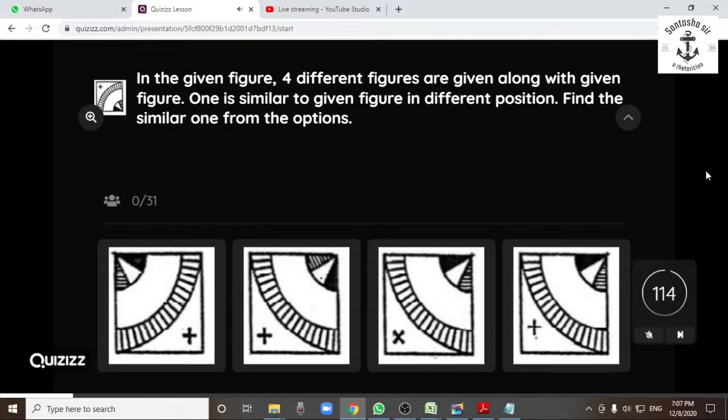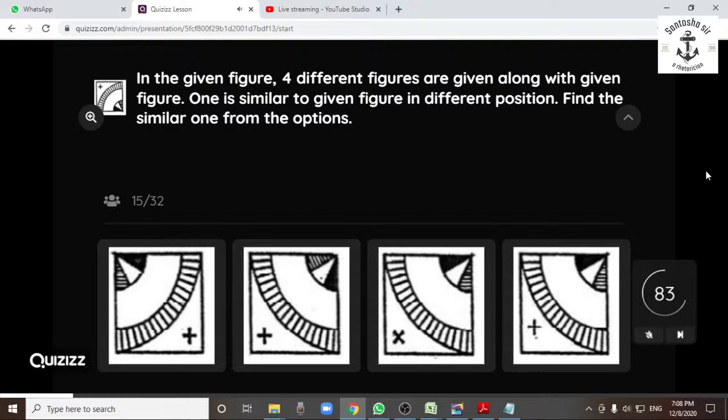So which one is a similar picture? Compare with the given picture and see which one is similar in the given options. If you feel 2 minutes is also more for these questions, then please leave it in the live chat.